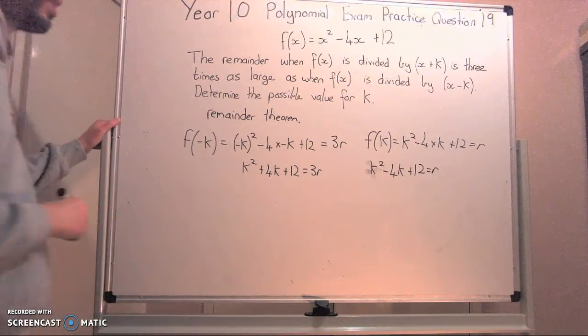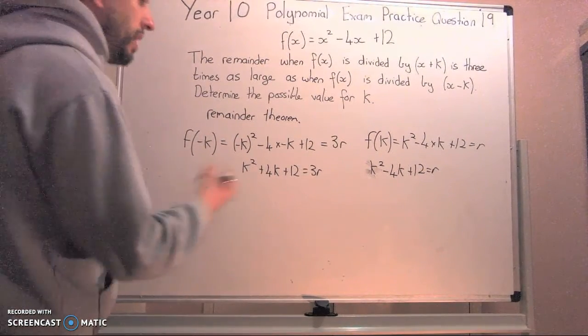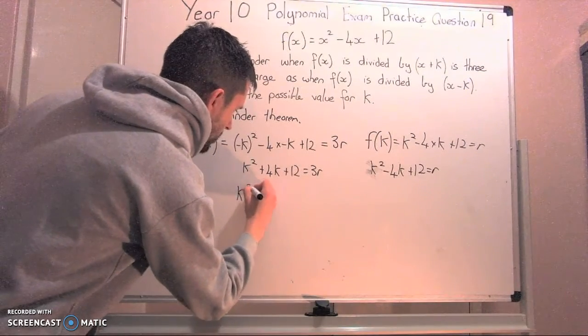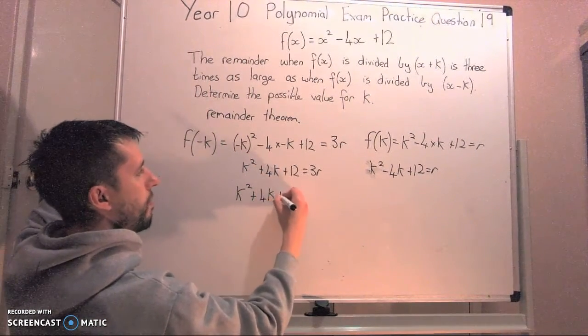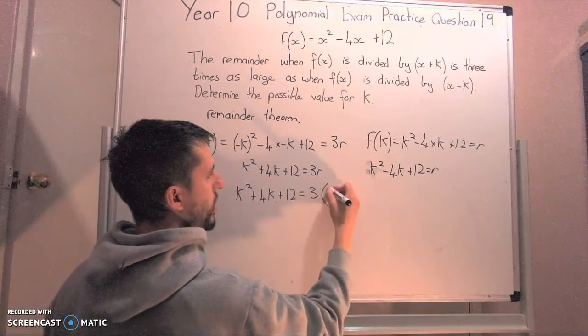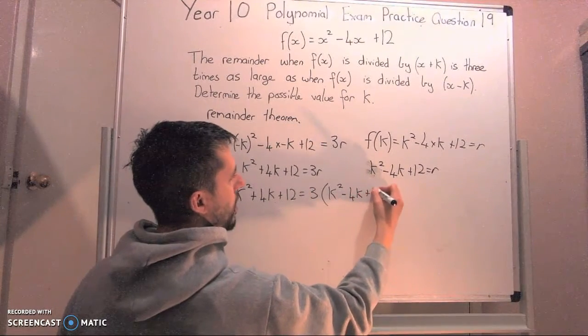So let's have a look at that. That means I am going to rewrite this: k squared plus 4k plus 12 equals 3. I have r, so I'm putting it in here: k squared minus 4k plus 12.